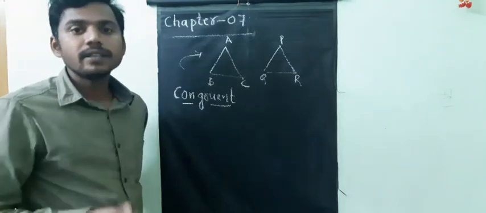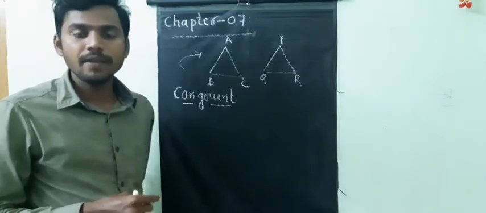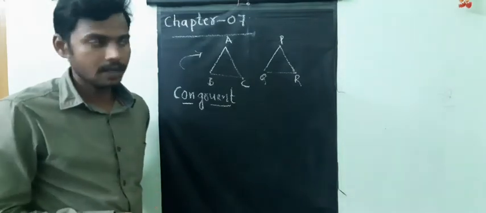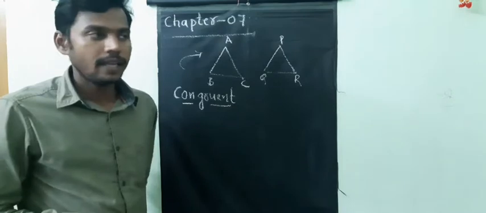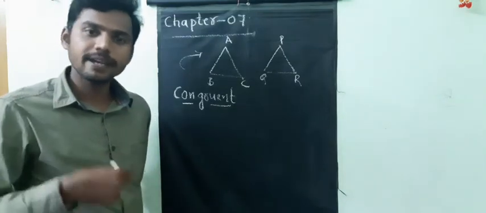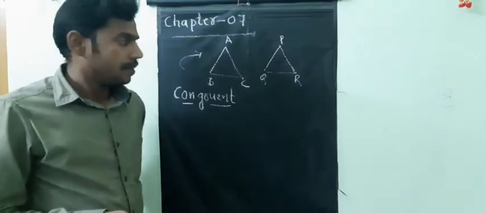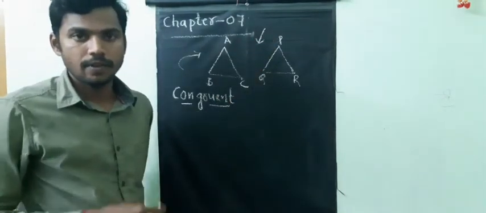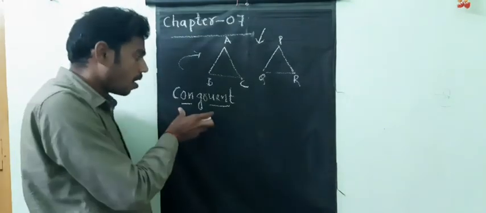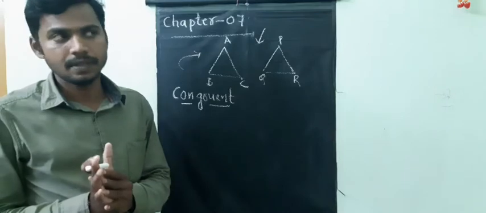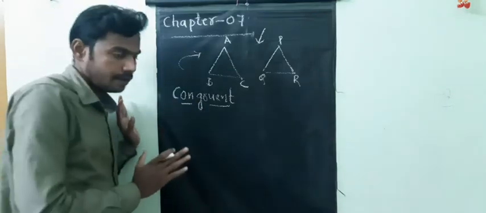Tires manufactured by the same company for a particular model of a bike or a particular bus will be identical. Even parts produced for a particular machinery will be identical. So that is the application of congruency. If we know the concept of congruency, then we can generate identical shapes. So that is regarding congruent.